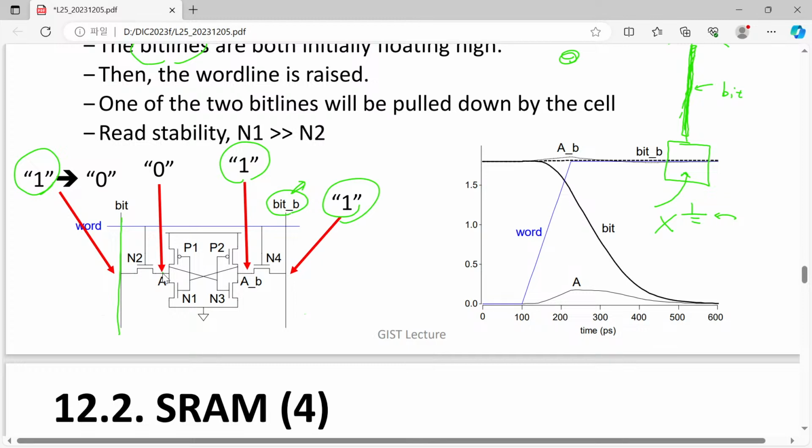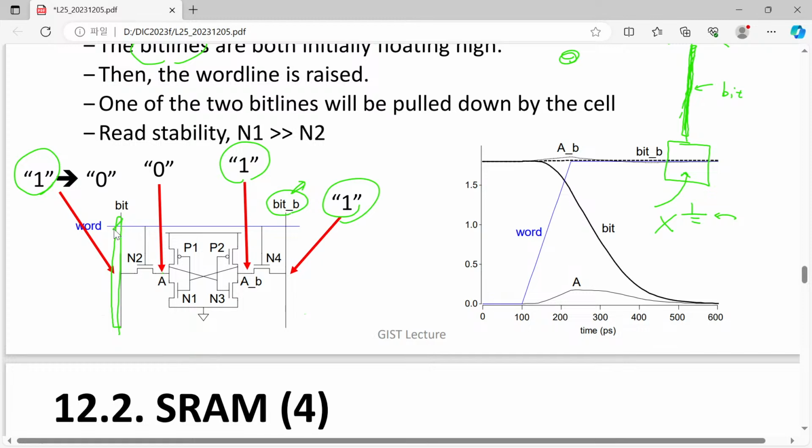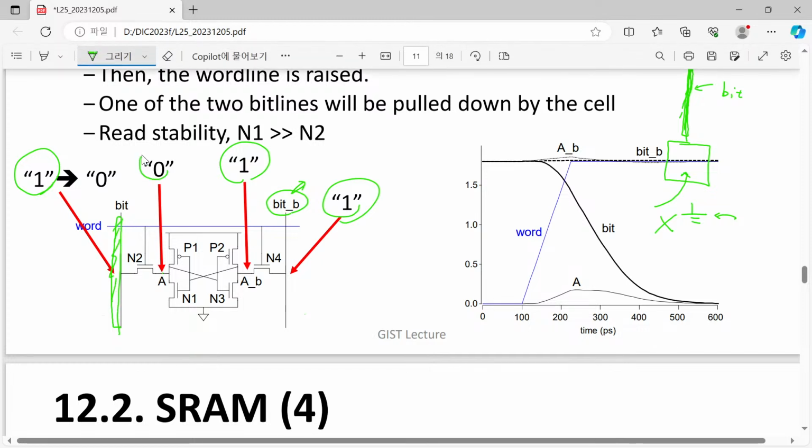So we expect the bit line voltage to decrease, though not exactly to 0, because we have already pre-charged the bit line, so this 0 cannot drive the bit line voltage exactly to 0.